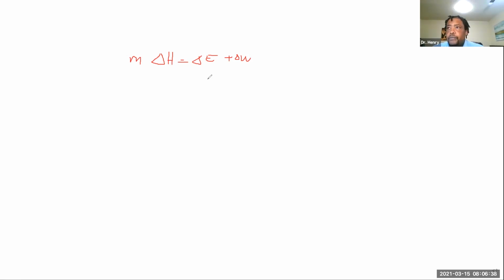And so actually it should be, okay. And since we can make that assumption, and if we assume there's no work being done on the system, we can just set these equal to each other. Does that make sense?